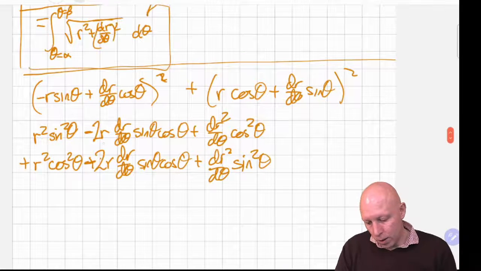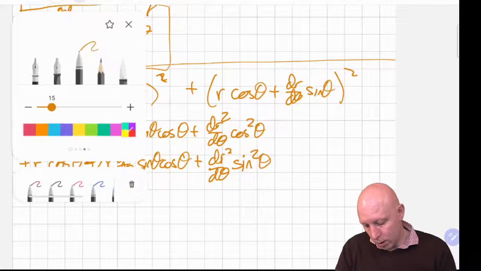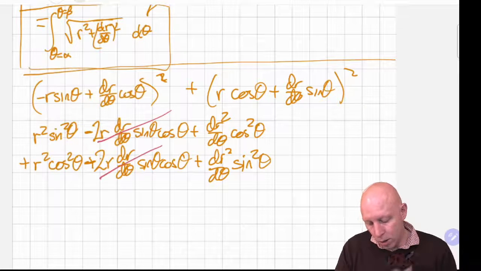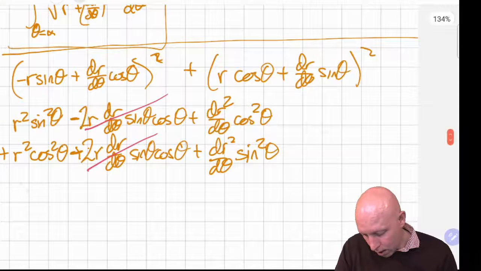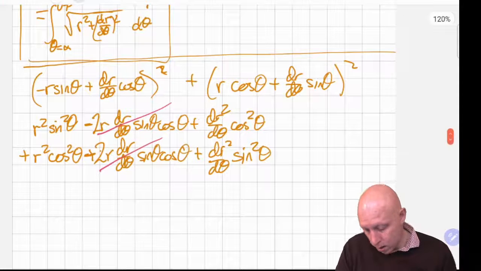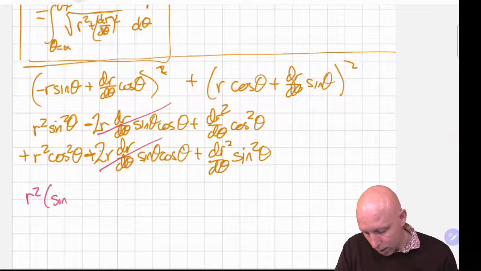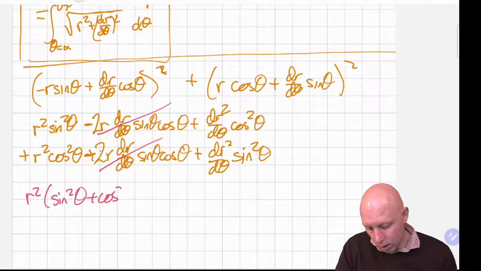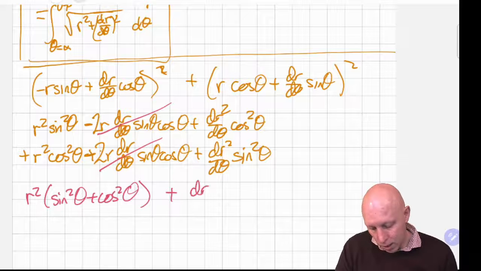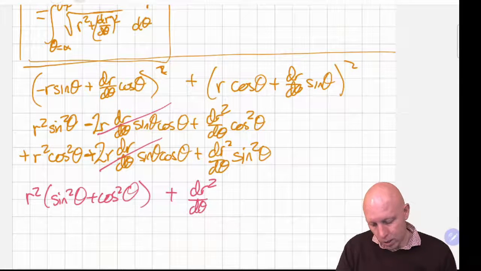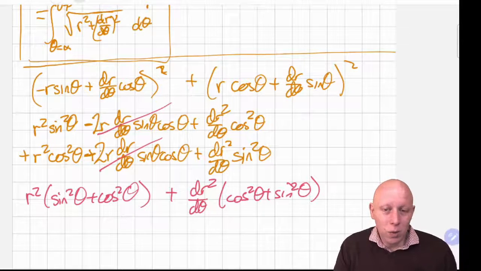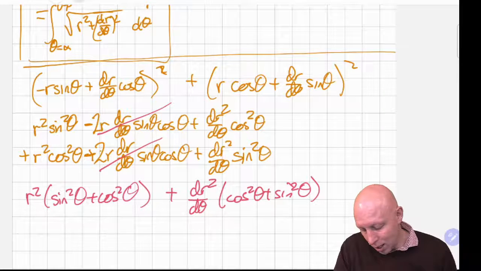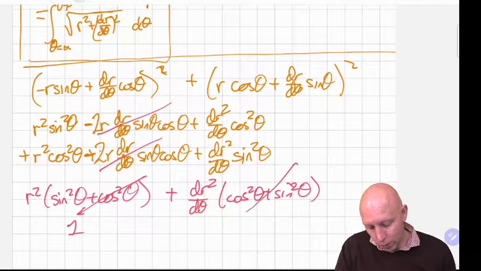So these cross terms cancel out, they add to 0. What are we left with? We're left with r squared times sine squared theta plus cosine squared theta, plus dr d theta squared times cosine squared theta plus sine squared theta. That's making us feel much more comfortable because we have a nice identity. These are both equal to 1.